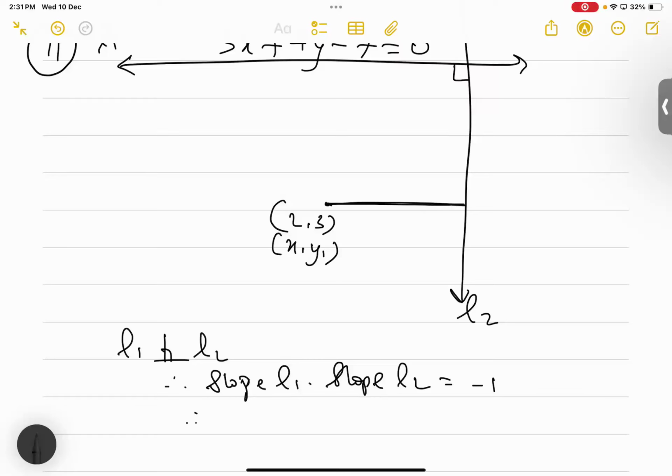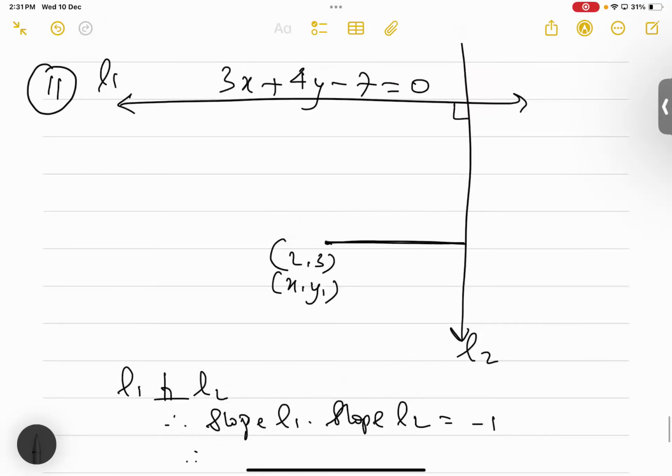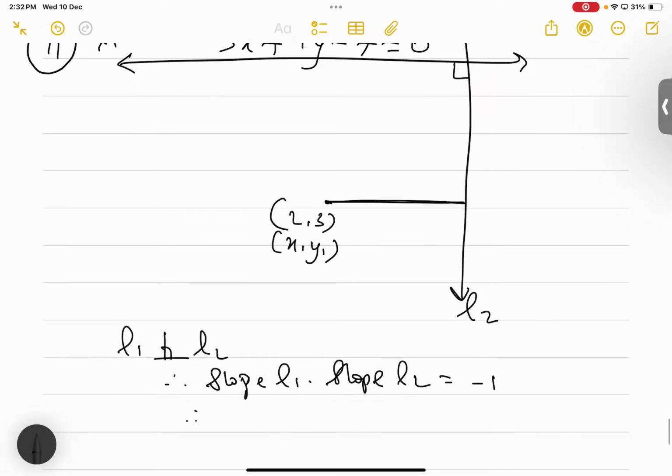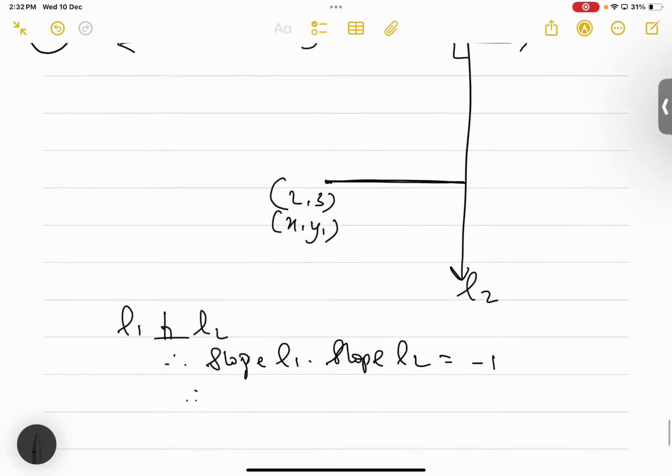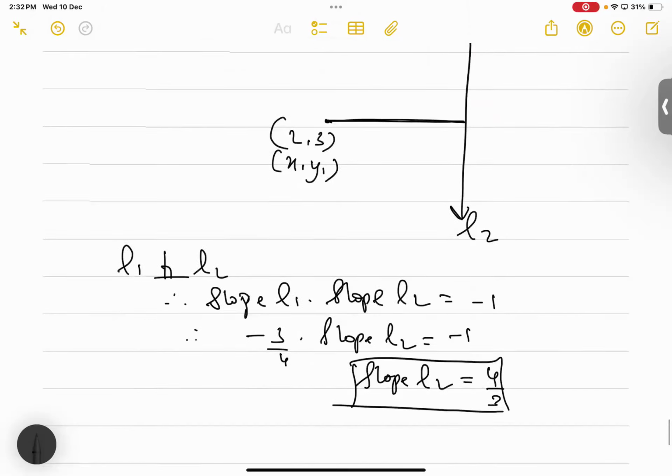What is slope L1? Minus 3 by 4. General form: minus a by b. Minus 3 by 4 into slope L2 equals minus 1. So what is slope L2? 4 by 3. Did you understand this? Okay. Slope L2 is equal to 4 by 3.